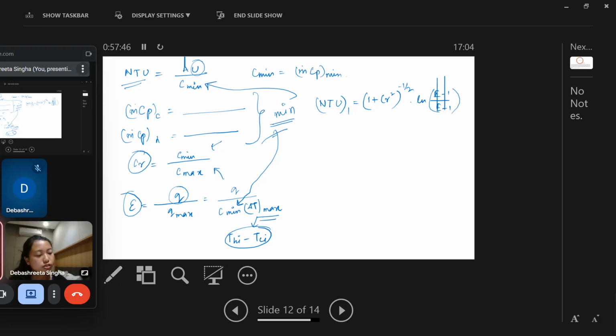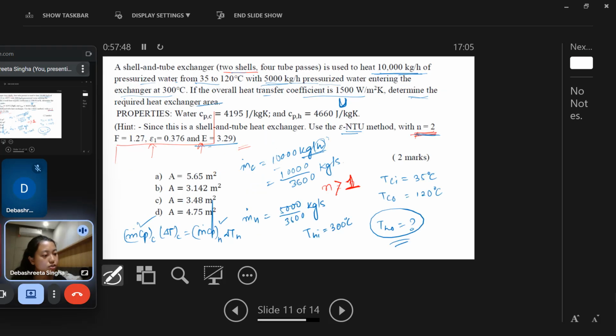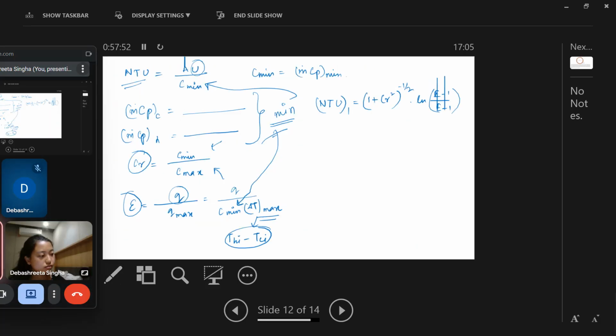This e value is already given here. This is 3.29. If we substitute all the values, we already know what CR is also. If we put all the values, we will get another value.